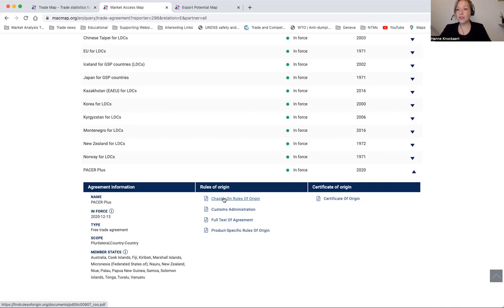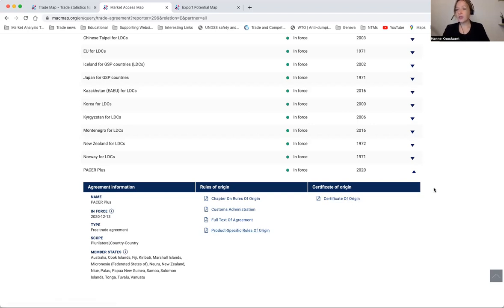Even the number of Kiribati residents that need to be present on the boats when these fish are being fished, it's all stated here in these rules. If there is some customs administration, all the legal texts you can find here.